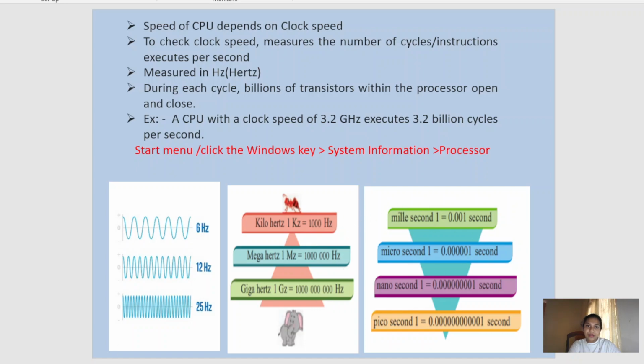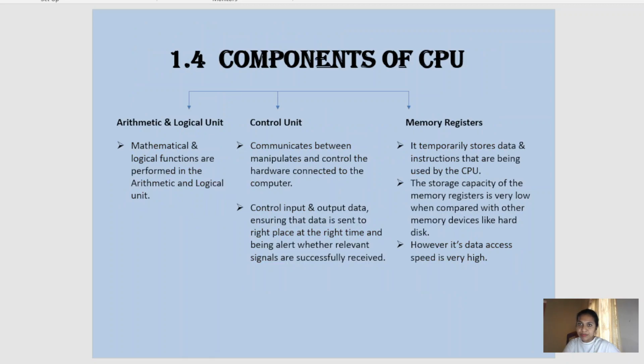If we talk about the components of the CPU, there are mainly 3 components: ALU, control unit, and memory registers. Now the functions of those components. The arithmetic and logical unit is used to perform arithmetic and logical operations.